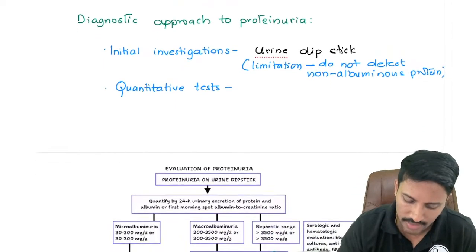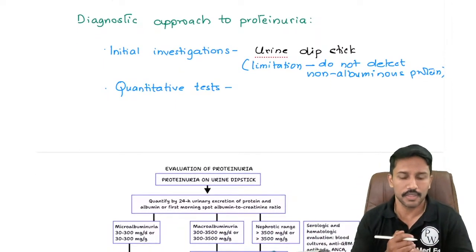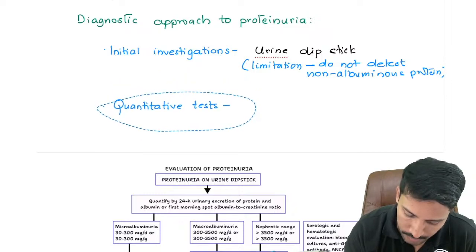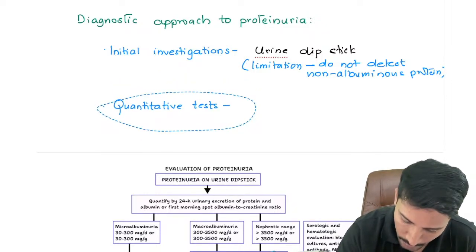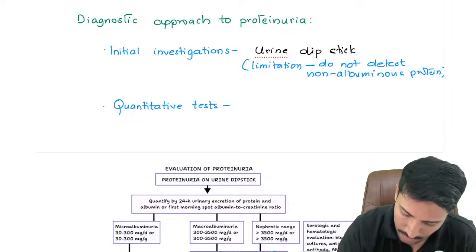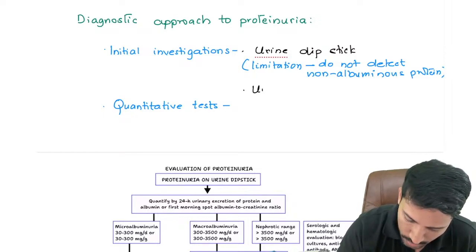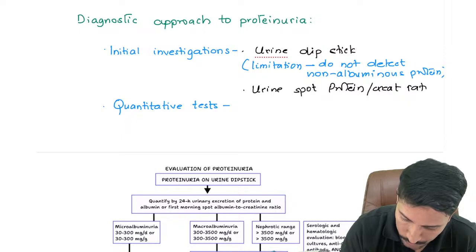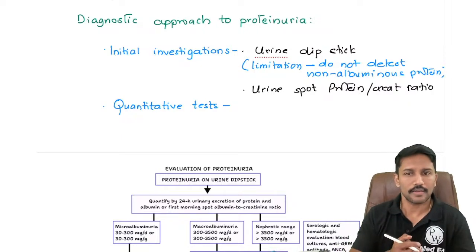So that is why, when we are suspecting proteinuria, we have to do a quantitative test. What alternative can I do for the initial investigation? Another alternative is the urine spot protein creatinine ratio.